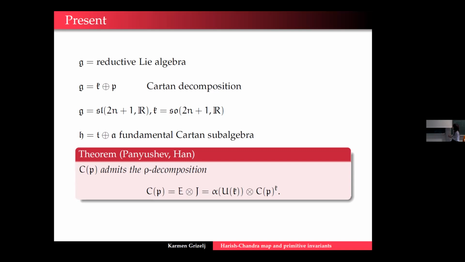Now we take the Cartan decomposition, but we don't take just any. Maybe some of you might remember my talk from the summer about taking a Cartan subalgebra, and back then I said that there can be many Cartan subalgebras.